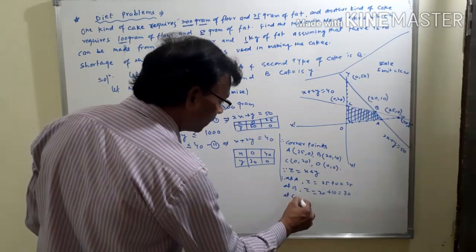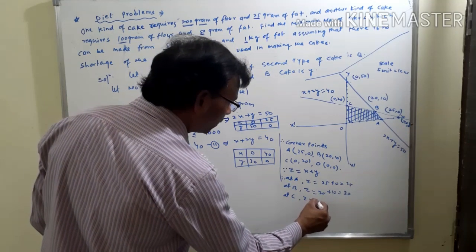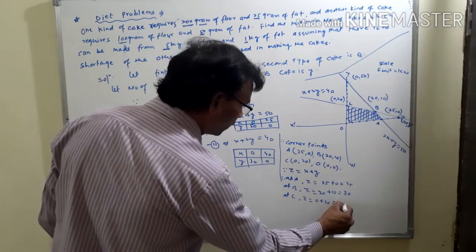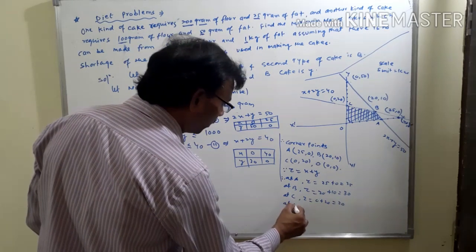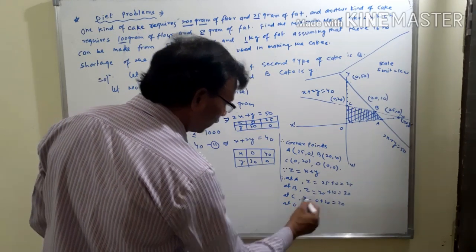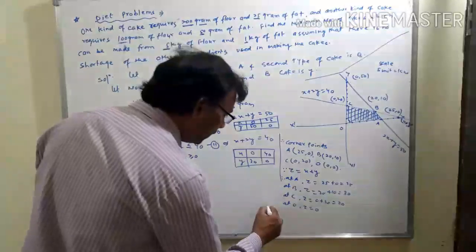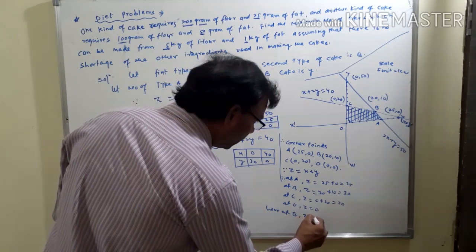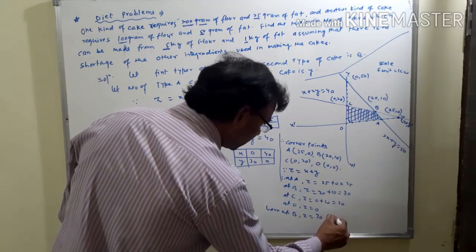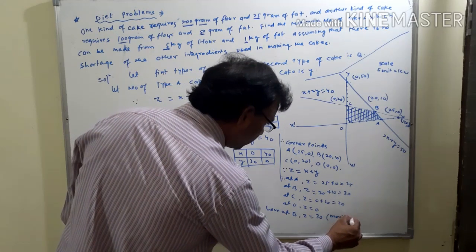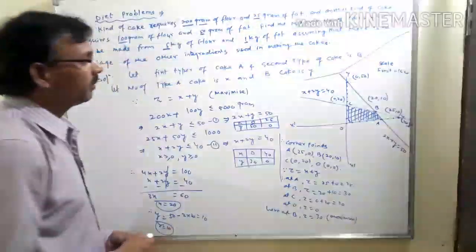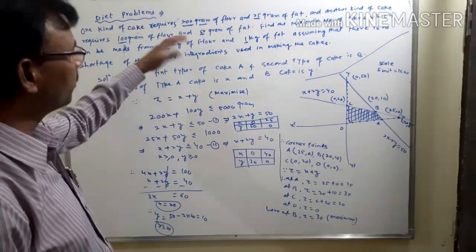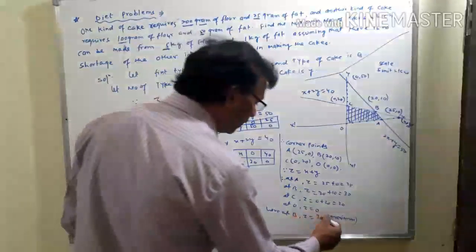At C, z equal to 0 plus 20 equal to 20. And at O, z equal to 0. Here at B, z equal to 30, which is the maximum. That means the maximum number of cakes will be 30.